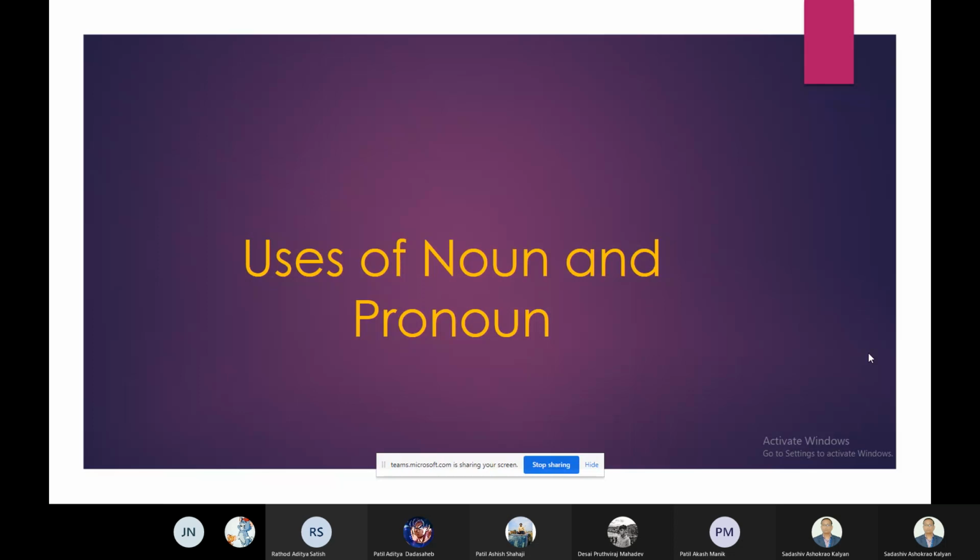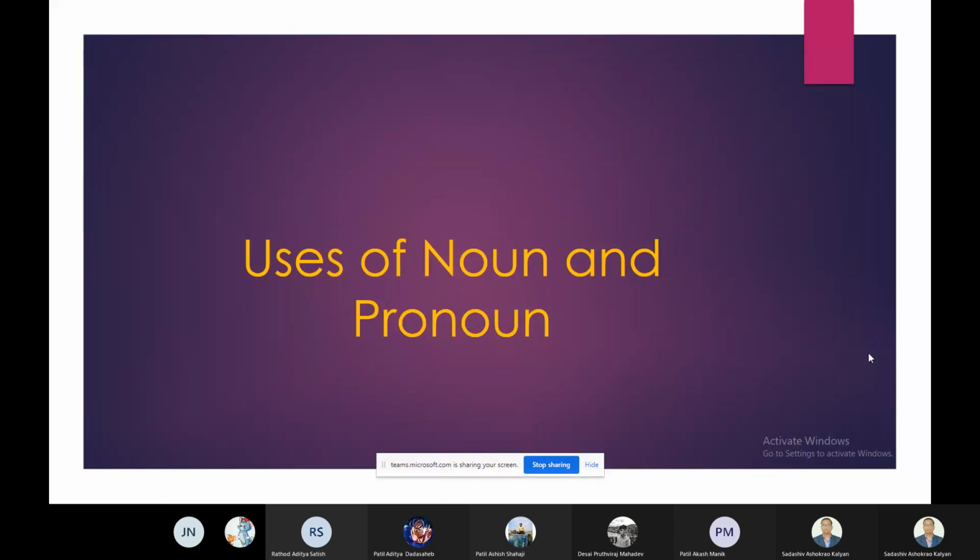So today we are going to discuss a very important point included in the parts of speech: what is meant by noun and pronoun, and also what is meant by adjective and adverb. So these are the four major types of parts of speech that we are going to study.